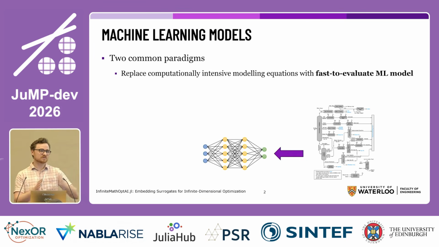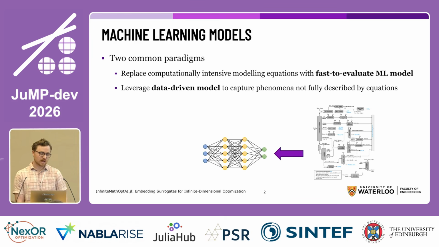So you can replace this with a faster-evaluated ML model and have that embedded in its place as a surrogate. Or, which I think is a more compelling case, maybe your equations don't fully model your system and you want to use a data-driven model to fill in some of those gaps because you have data, but maybe not enough equations to do your model. So you have some sort of hybrid model.